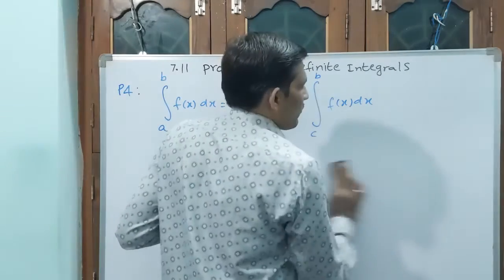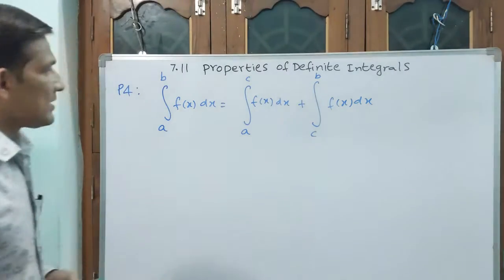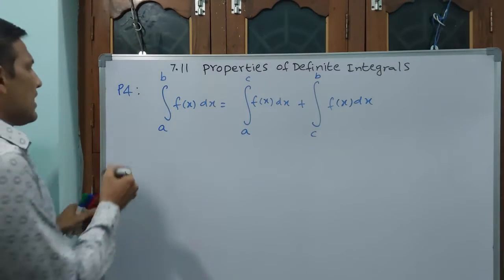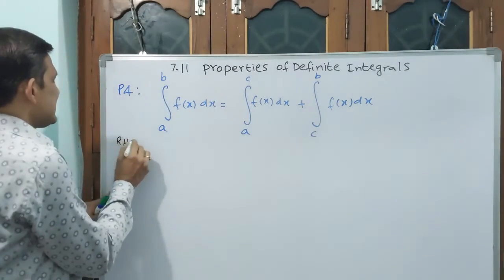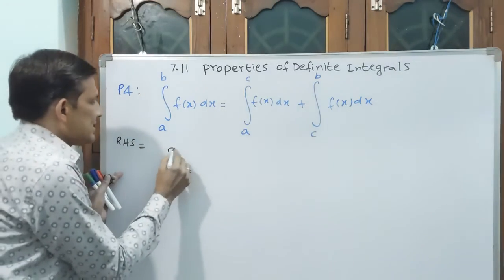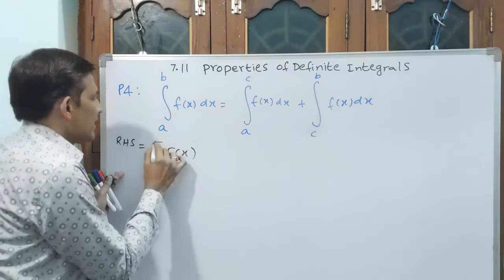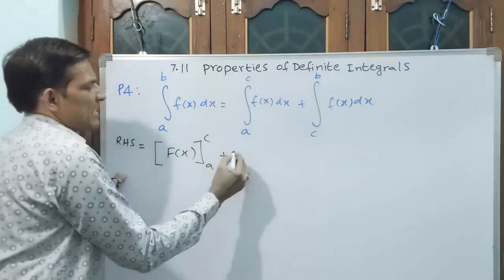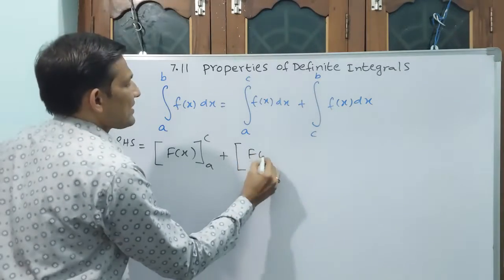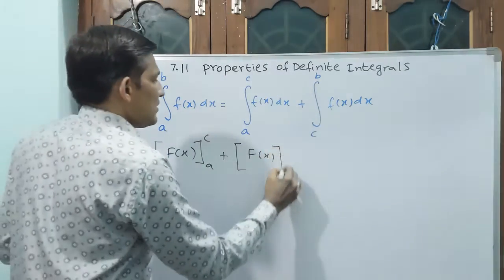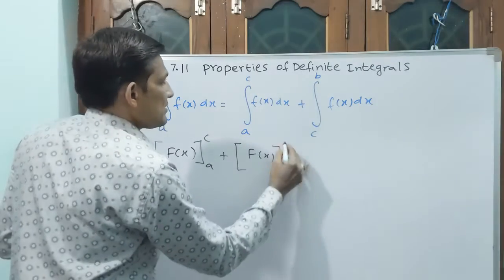We also see the proof of this. Let us see the proof. I am going to take the RHS and see what will happen. RHS is equal to integral of f of x from a to c, plus again f of x, see here the function is the same, keep that in mind, from c to b.